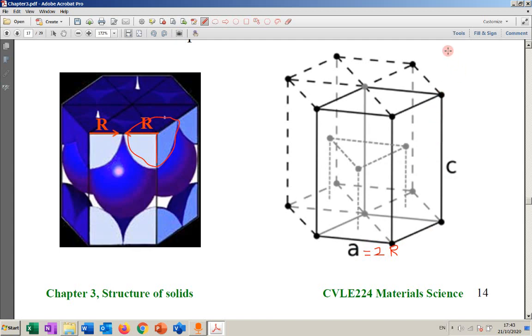And we know that C over A is equal to 1.633. So I know that C is equal to 1.633A and A is equal to 2R. So I can simply write, if it is the ideal ratio, C equals 2 times 1.633R.